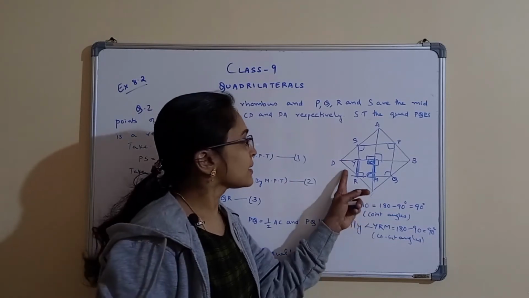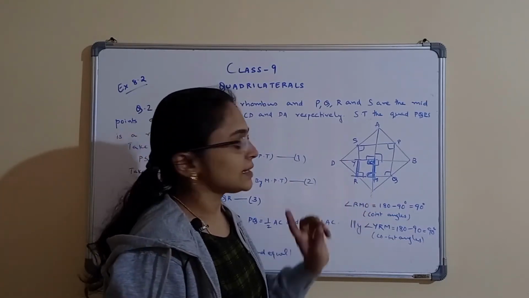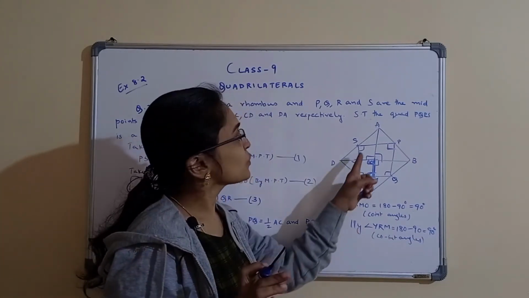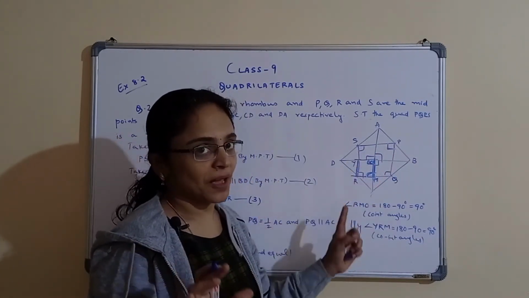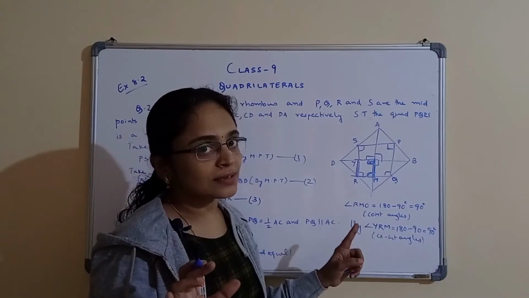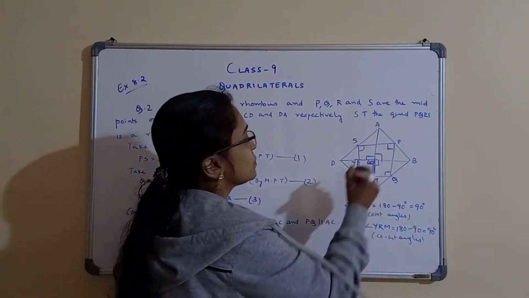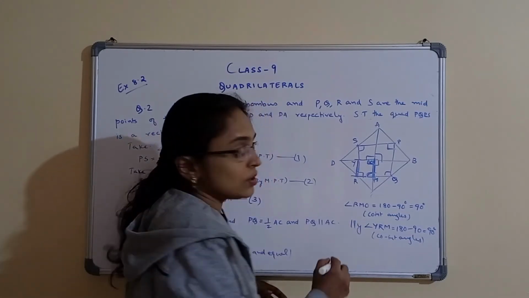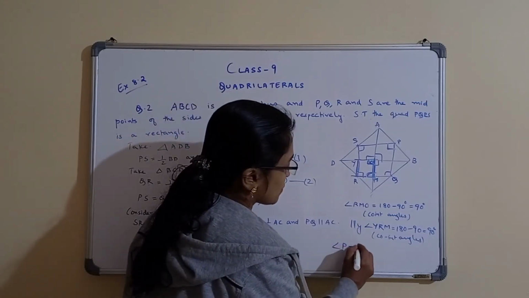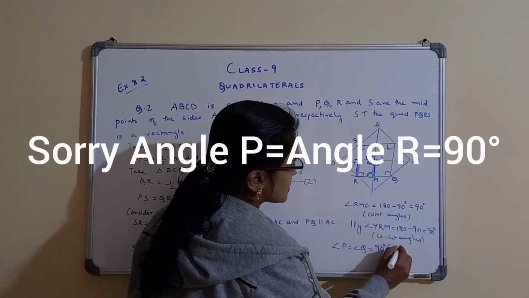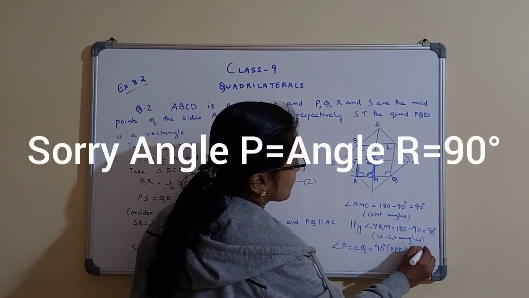So we got this angle R is equal to 90 degrees, which means this angle P is equal to 90 degrees, because we got that this PQRS is a parallelogram and opposite angles of a parallelogram are equal, which means angle P is also equal to 90 degrees. So angle P is equal to angle Q is equal to 90 degrees, opposite angles of a parallelogram.